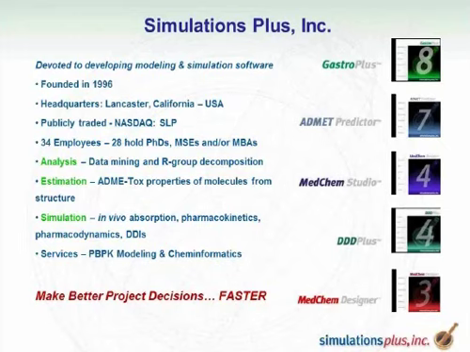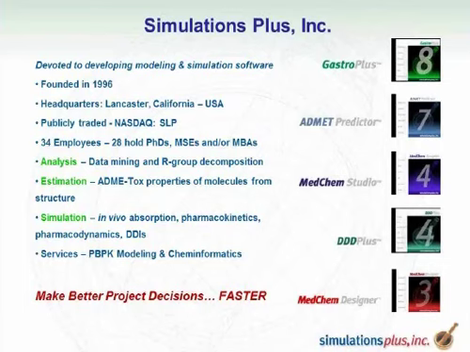Our flagship product is GastroPlus, which is used for the simulation and modeling of in vivo absorption, pharmacokinetics, pharmacodynamics, and DDI experiments. ADMET Predictor is another famous product which is used for the estimation of ADMET properties of molecules from the structures. MedChem Studio is our chem informatics platform used for data mining and in silico drug design.